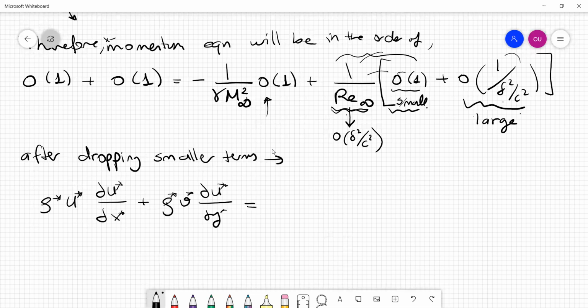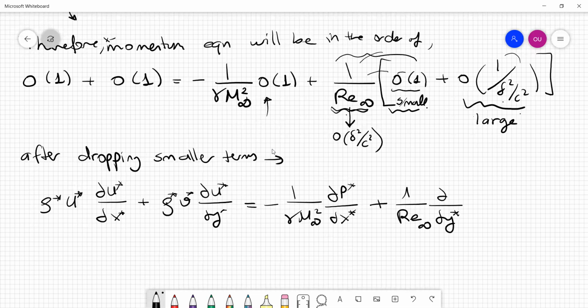We keep the pressure term, so minus 1 over gamma M infinity square dp star dx star. So we keep that, but the only simplification comes in the last part. So we keep only the first term, 1 over Reynolds infinity, I'm sorry, the second term, d dy star multiplied by mu star du star dy star. And we drop the first term.